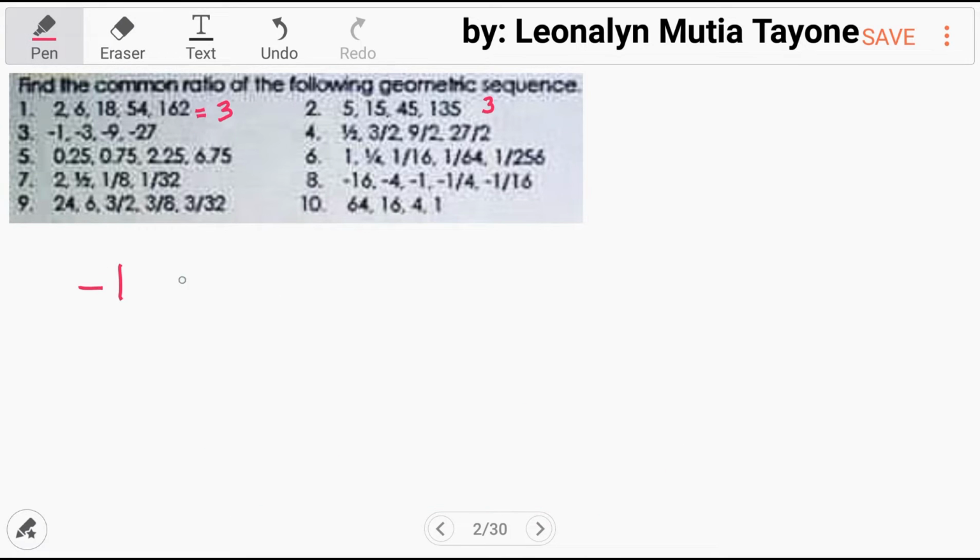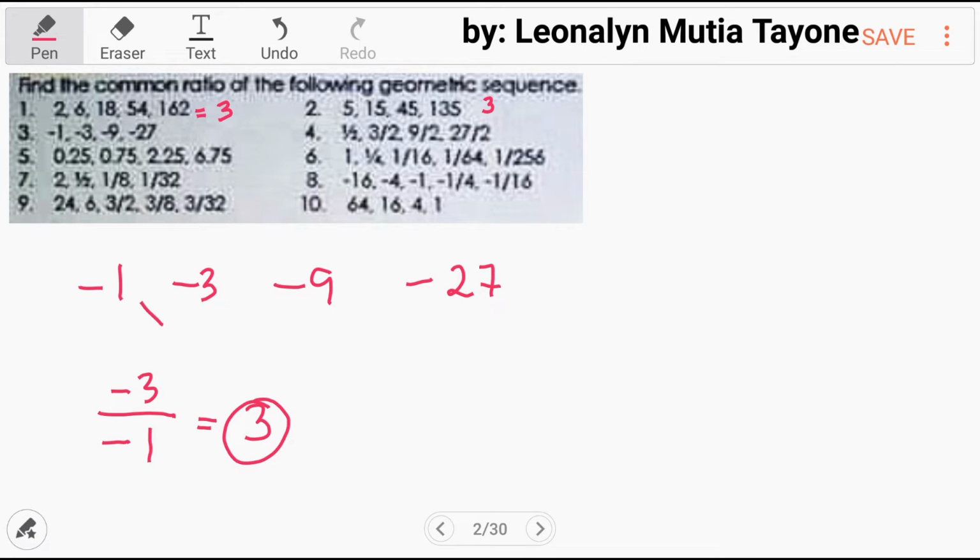This is -1, -3, -9, -27. How to find the common ratio again? -3 divided by -1. So ang common ratio niyan ay +3. So therefore, itong +3 na ito, yan yung pang-multiply mo dito sa mga numbers na yan para ma-identify mo yung next. -3 times 3 equals -9. -9 times 3 equals -27.